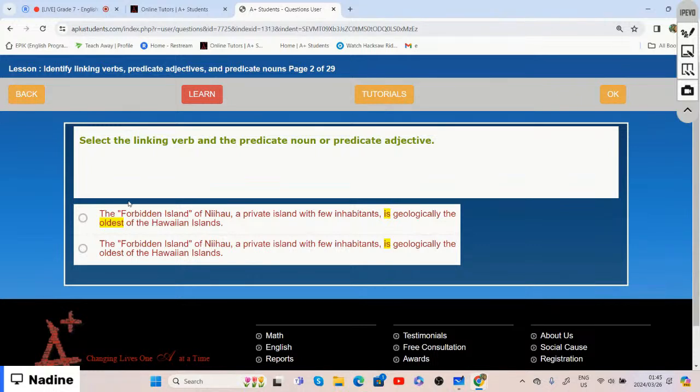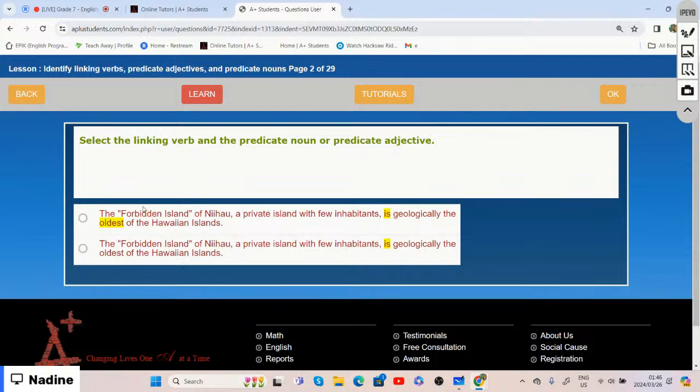We need to select the linking verb and the predicate noun or predicate adjective. It says, the forbidden island of Niihau, a private island with few inhabitants, is geologically the oldest of the Hawaiian islands.